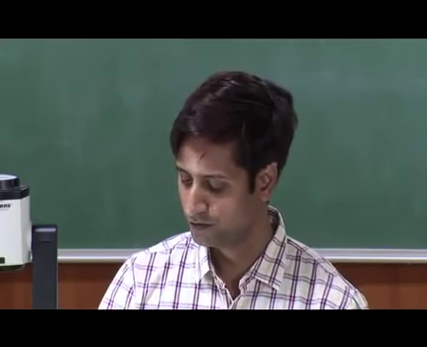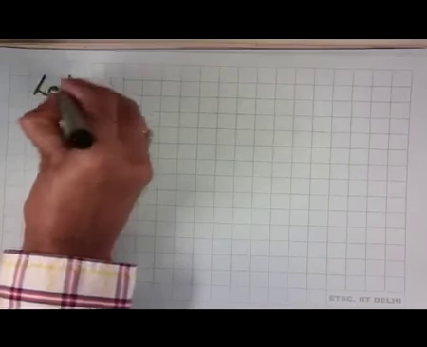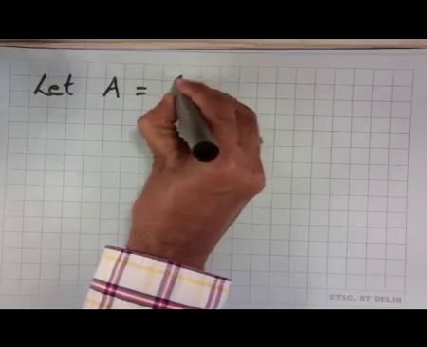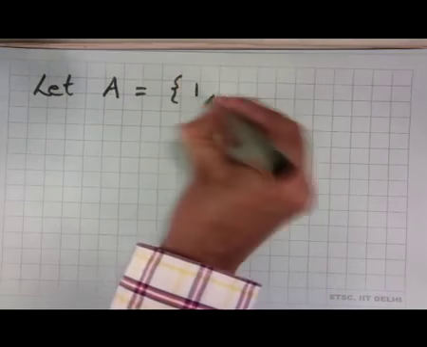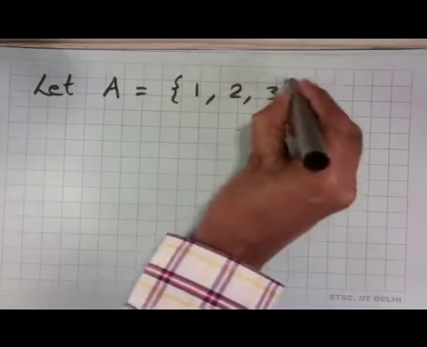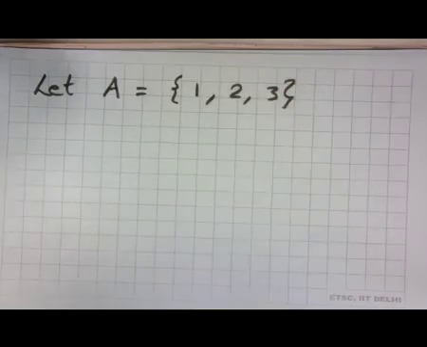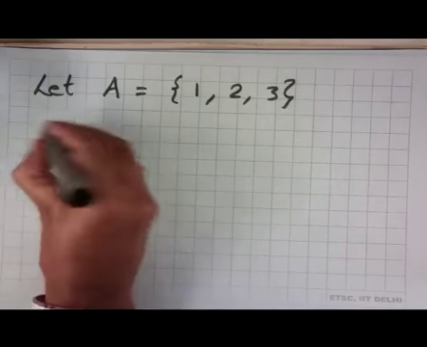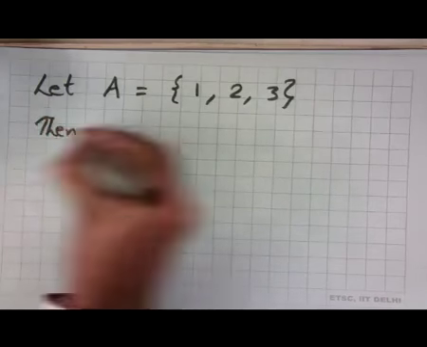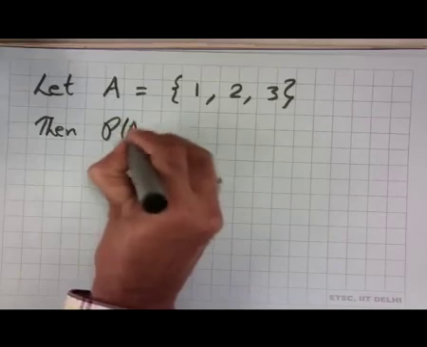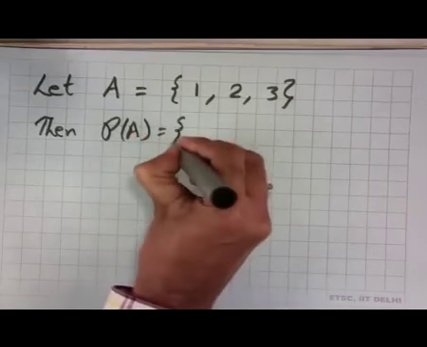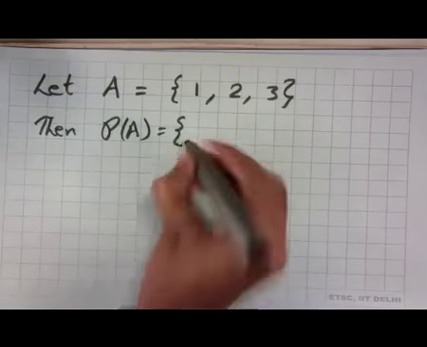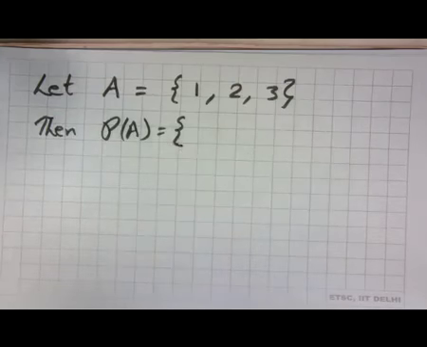So, suppose A is equal to {1, 2, 3}. A consists of these 3 elements 1, 2, 3. Can you write down what is the power set of A? So, first of all, empty set is a subset of every set.